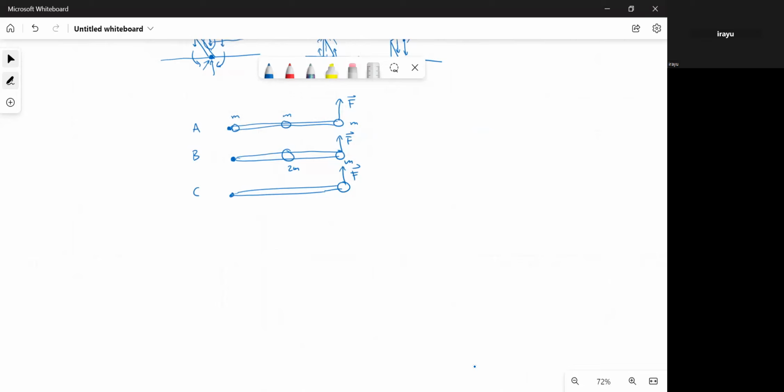For which axis is the greatest net external torque required to bring the triangle up in angular speed? Oh, that's a little bit of a doozy.